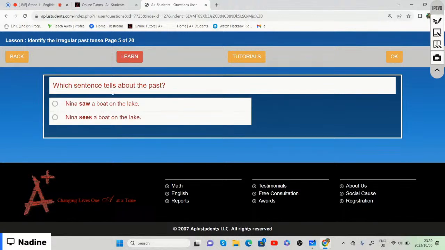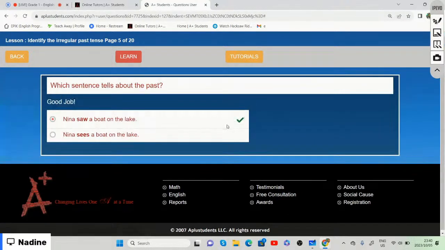The sentence that tells us about the past is Nina saw a boat on the lake. Saw. Sees is something that she sees now, right? So saw shows the past tense. All right.